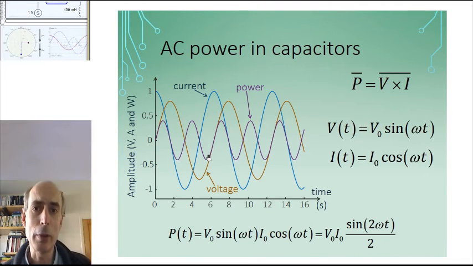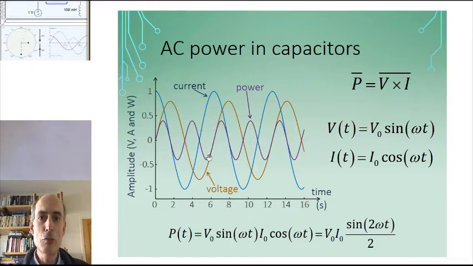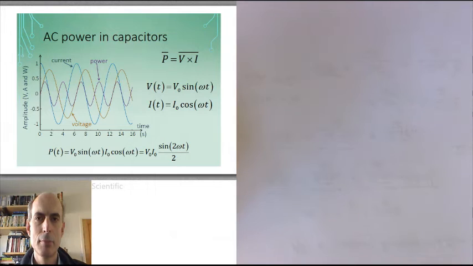They're continually extracting and then returning energy to the circuit. So the average value of the power being dissipated by a capacitor is 0. But we can work out a maximum instantaneous power associated with the capacitor.